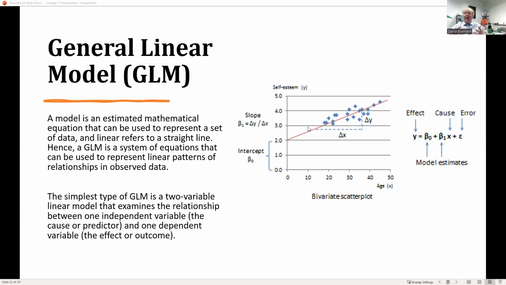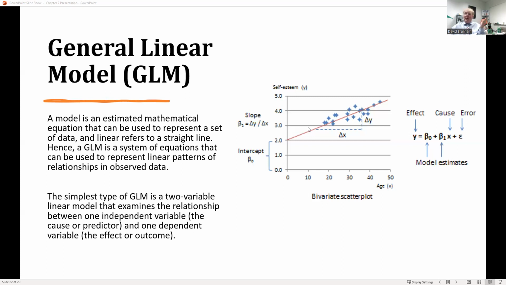So the simplest type of general linear model is the two-variable linear model that examines the relationship between one independent variable, the cause or the predictor, and one dependent variable, which would be the effect or the outcome. And the book has an example here of a bivariate scatter plot that presents a general linear model.